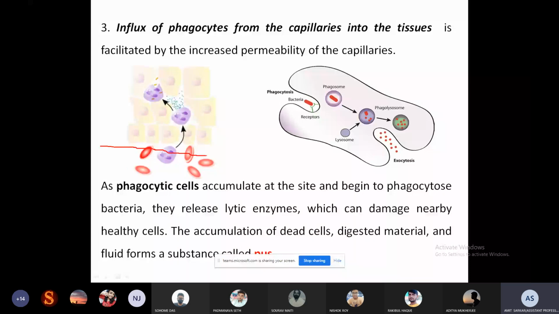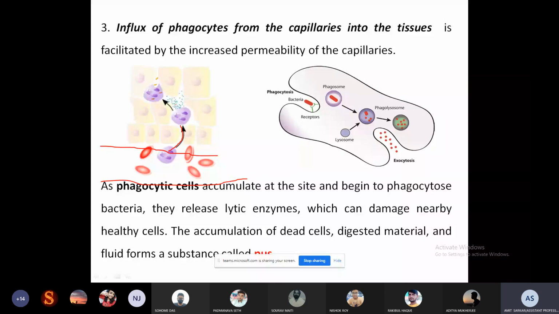Now they are entering the place which actually got injured, and these green ones you can imagine as microorganisms present over here. So the influx of phagocytes such as macrophages or neutrophils from the capillaries into the tissue is facilitated by the increased permeability of the capillary. Capillary permeability increased, water is entering, that is causing the swelling, but at the same time, phagocytic cells are also entering that place.